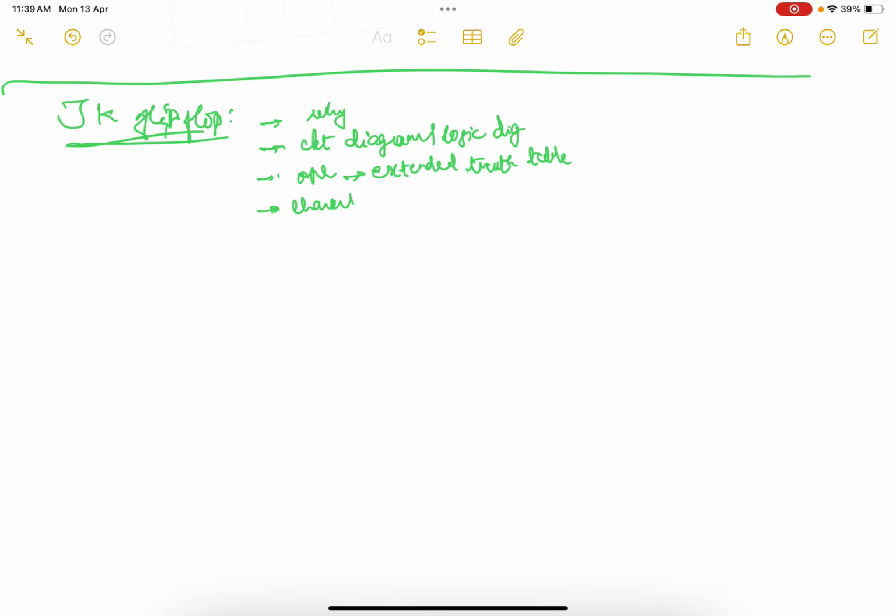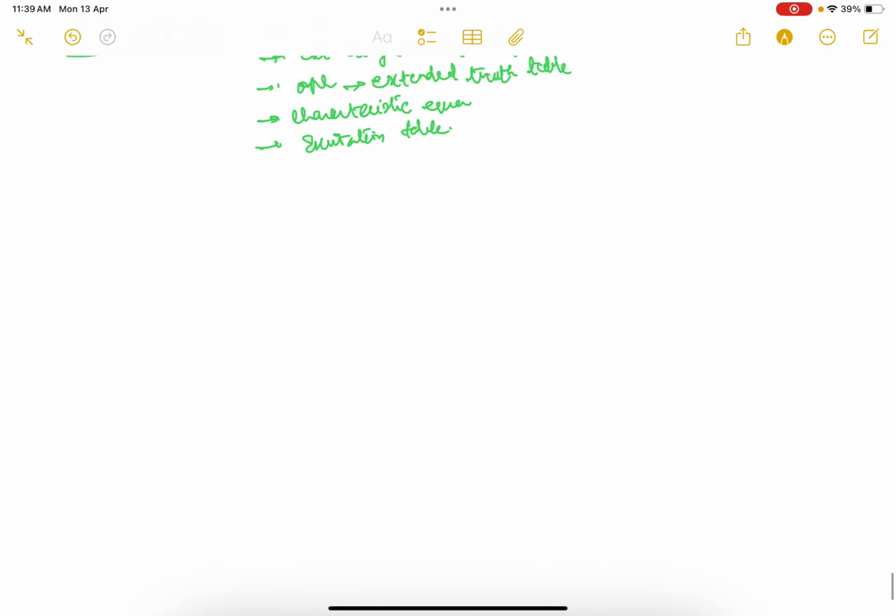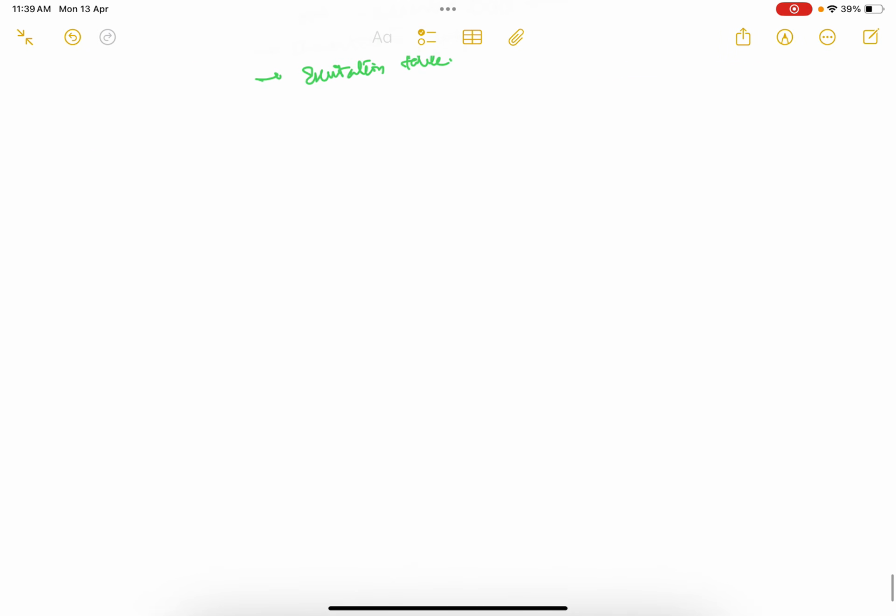Then we will see what the characteristic equation is, and finally the excitation table. Okay, so first we will see why this JK flip flop.